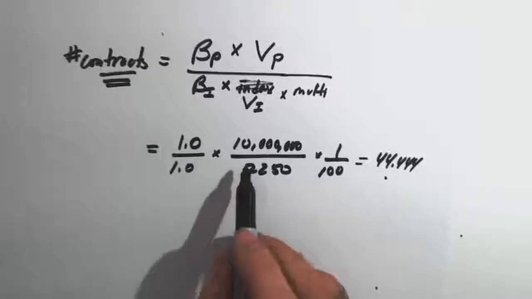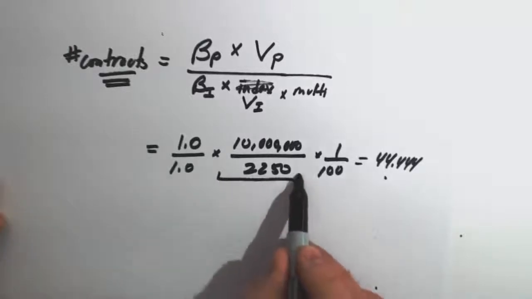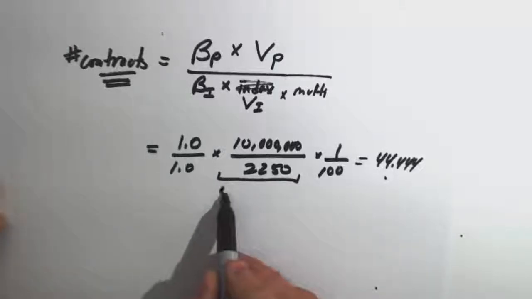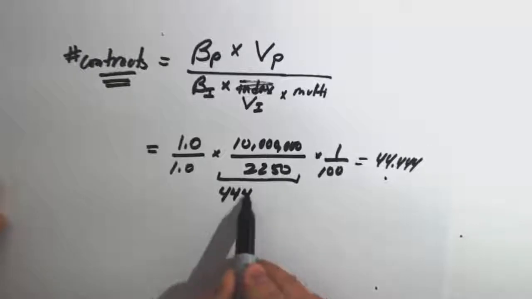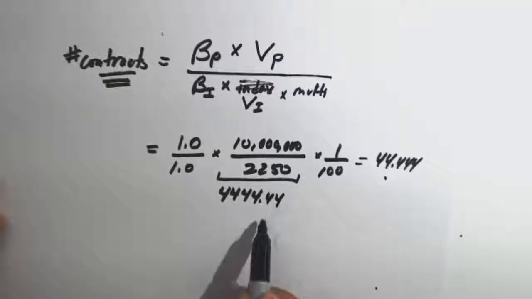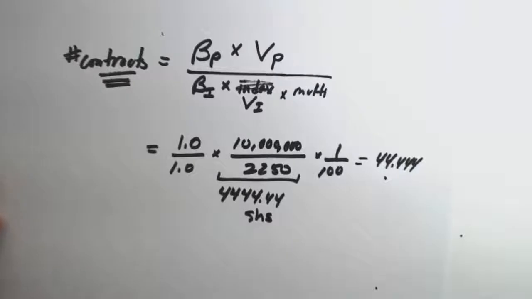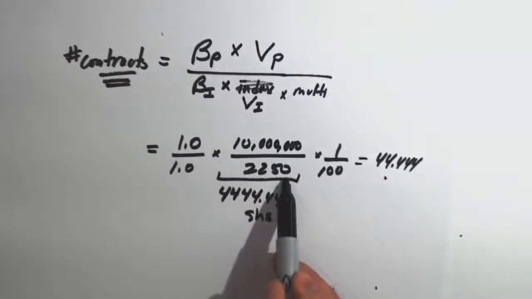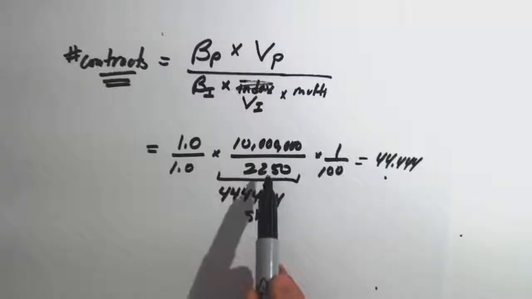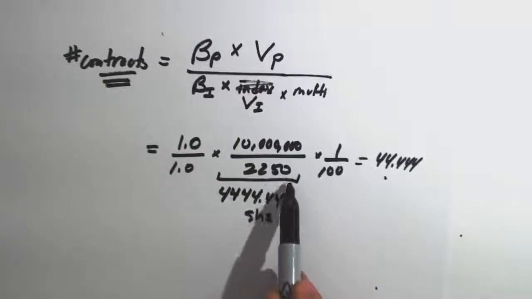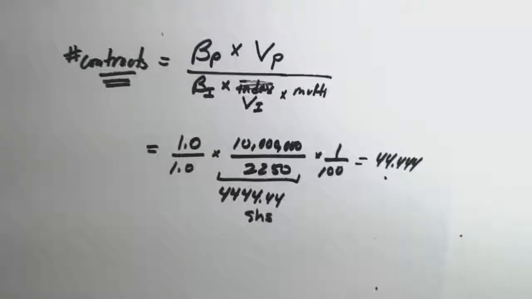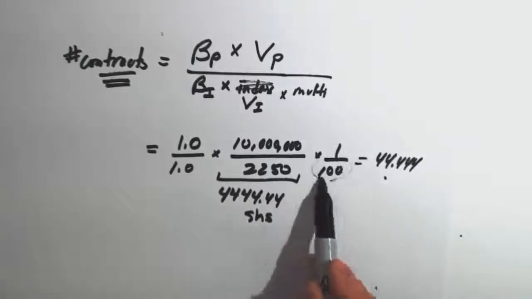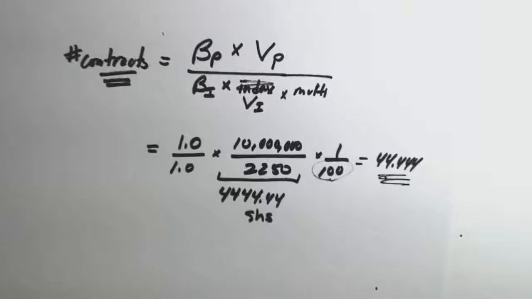And so what this tells us is that we have 44,444 shares of the index, essentially, because this is the value of our portfolio and this is the price. So the value of the portfolio divided by the price per share, the value of the index, means we essentially have 44,444 shares. And if we have 44,444 shares and each contract controls 100, we only need 444 contracts.